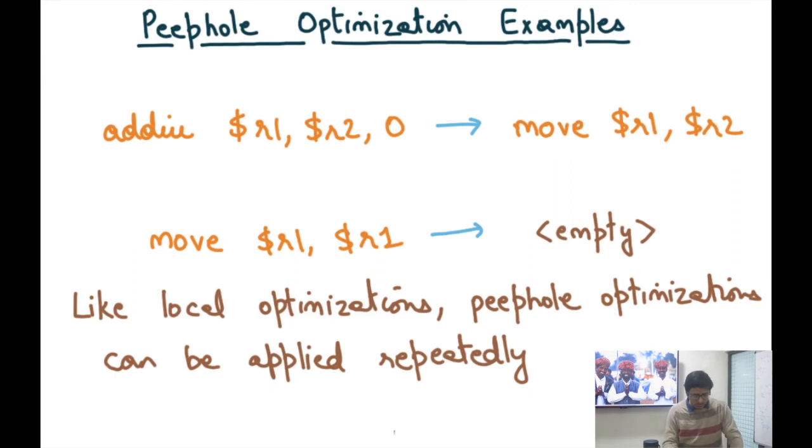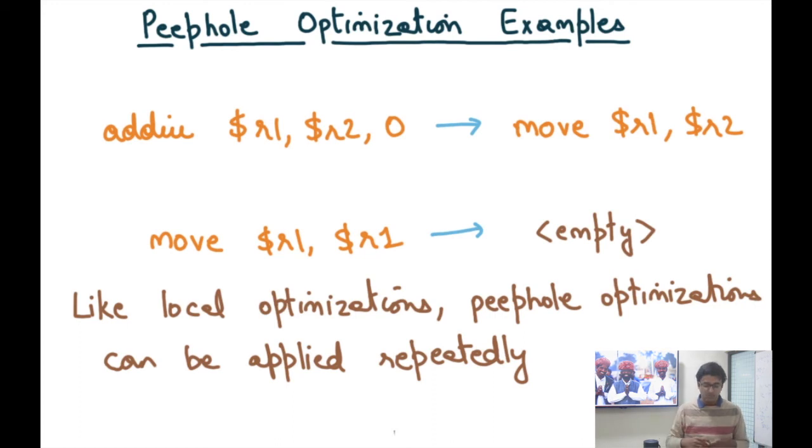All right, so how do you apply peephole optimizations? Like local optimizations, peephole optimizations are typically applied iteratively or repeatedly. You go through the instruction stream once and try to find a window of instructions that matches one of the patterns in your database. And if something matches, you do the replacement.